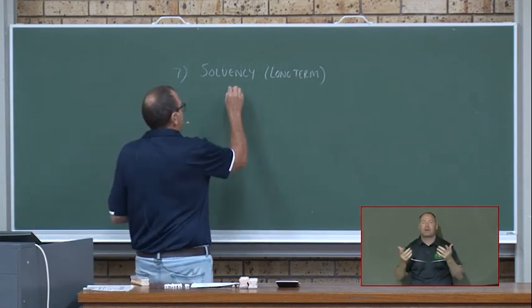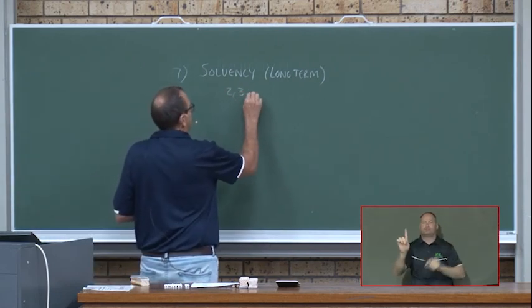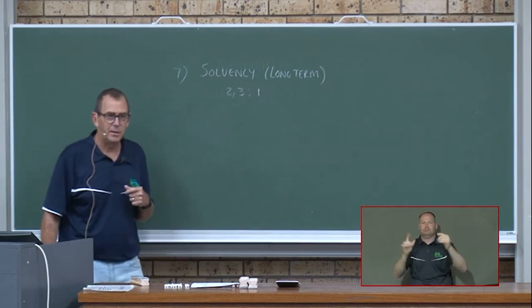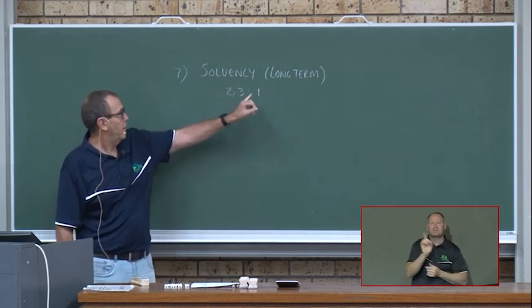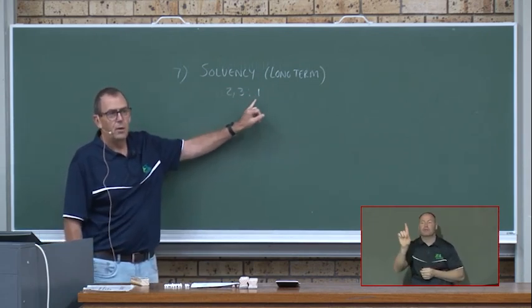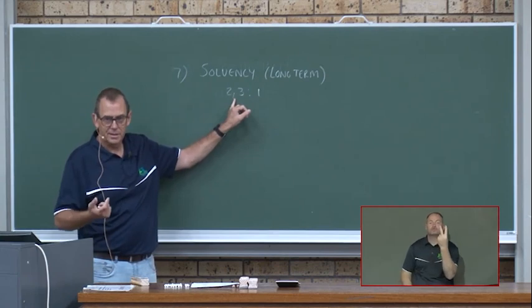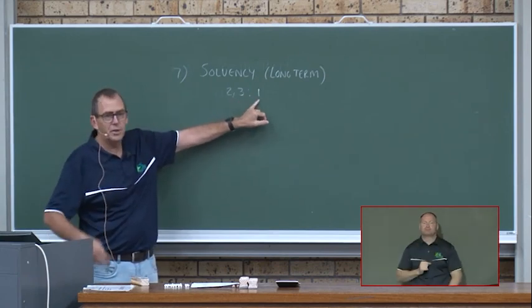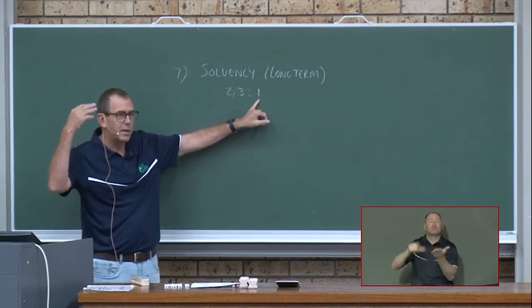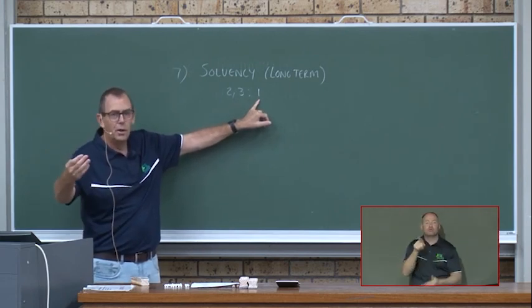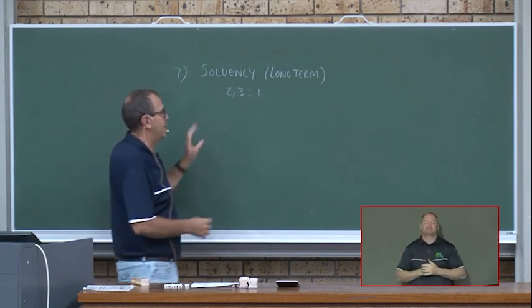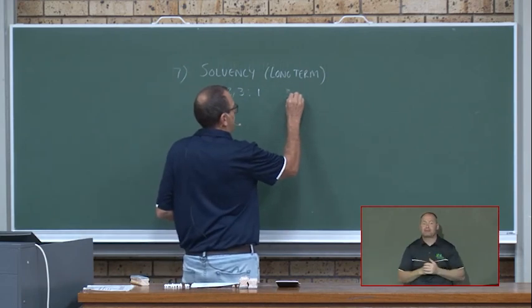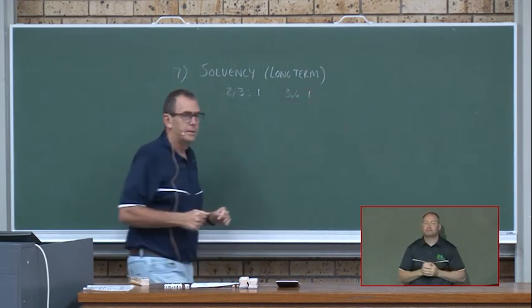So if we have a solvency ratio of, let's say, 2,3 to 1, what does that mean? For every 1 rand liability, we have 2 rand 30 assets. So this company will be fine. If all the people want their money, all the creditors and the loans and want their money, you will be able to pay them. Now they say, let's say it was 3,6 to 1.